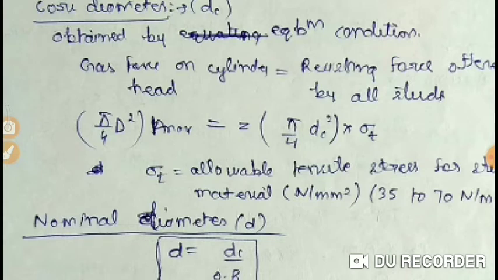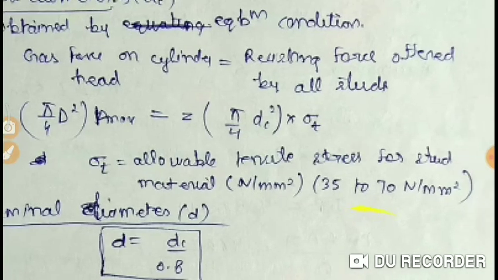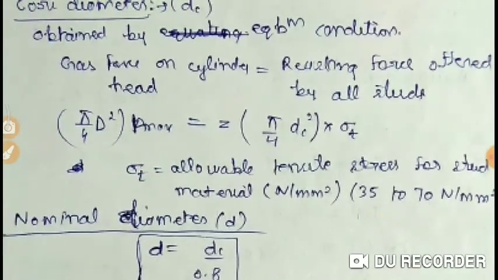So this is obtained by the equilibrium condition. Likewise, like in the previous net stresses where we calculated the equilibrium condition, here also the gas force on the cylinder head will be equal to the resisting force offered by all the studs. So this is the equilibrium condition for the studs. Gas force will be equal to, as you already know, pi by 4 into d square into p max.